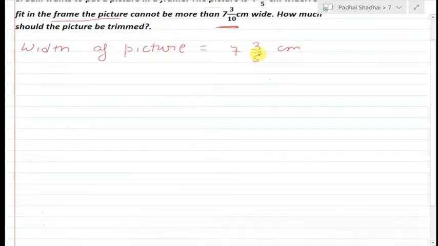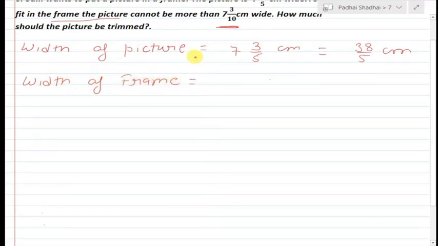Converting it into an improper fraction, 7 5s are 35 plus 3, that is 38 by 5 centimeter. And in the same way, width of the frame is equal to 7 integer 3 by 10. Converting it into an improper fraction, 7 10s are 70 plus 3, that is 73 by 10.